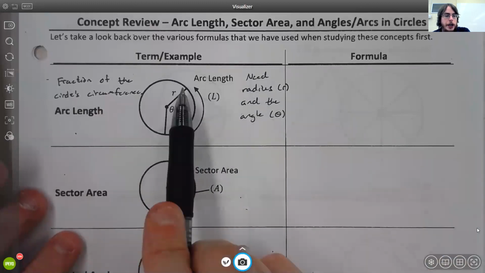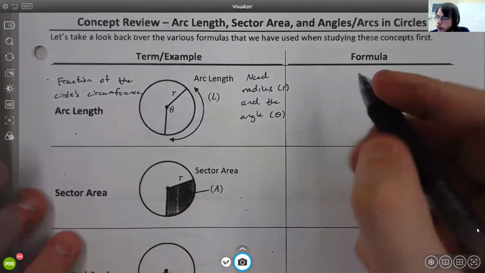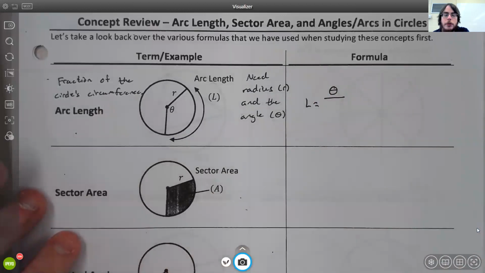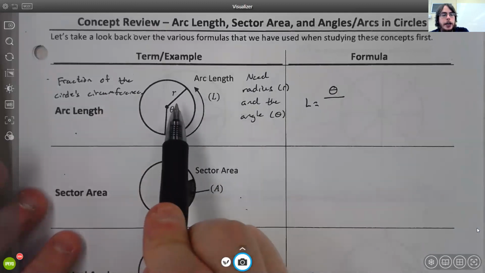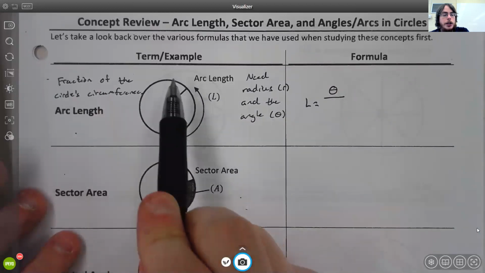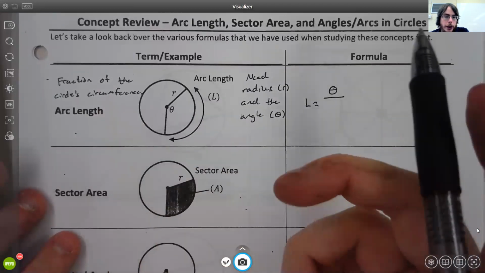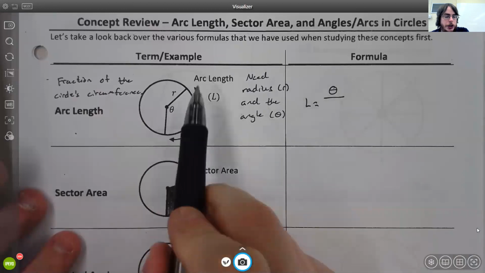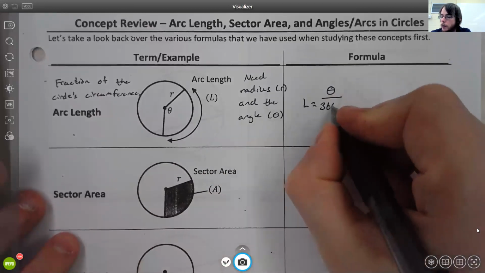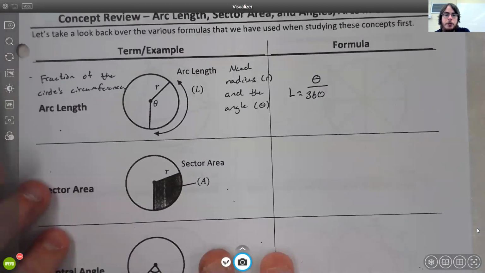So your part here would be theta, and that's going to go on top first, over the whole thing. If you think about the angle in a circle, if you go all the way around it, you've gone 360 degrees. So your fraction here is going to be theta over 360.